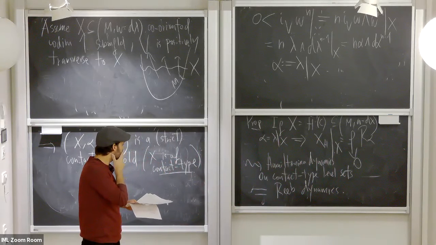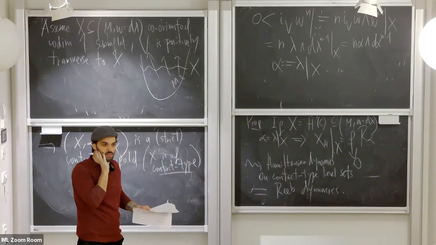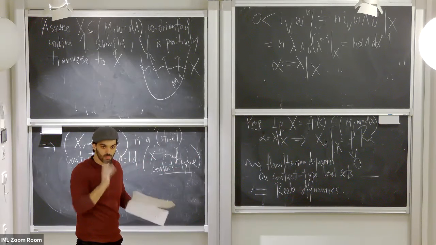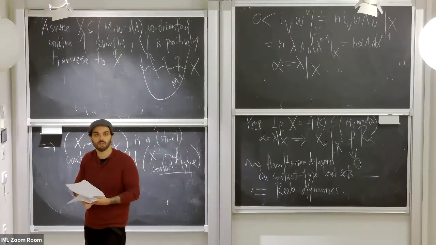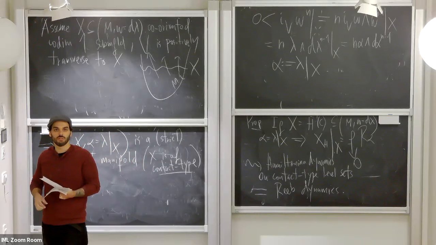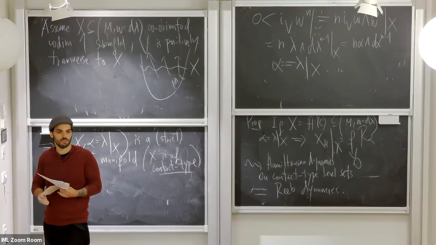So if you're studying a mechanical system and you're lucky enough to have contact type level sets for some Hamiltonian, then studying the Hamiltonian flow of the problem is the same thing as studying the Reeb flow of the problem. So I'm gonna take a 5-minute break and then we'll continue.